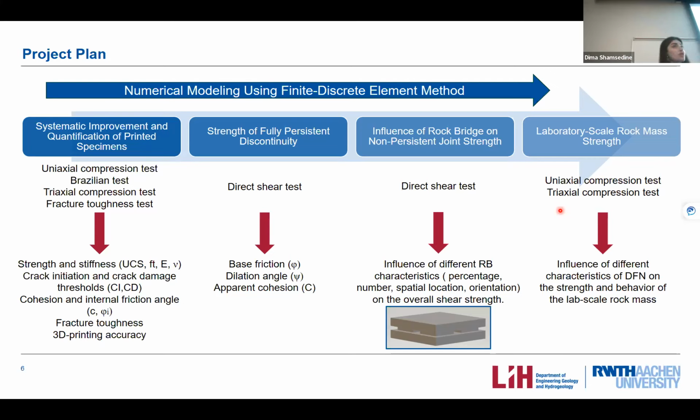Imagine this box is being sheared horizontally. The rock bridges are the intact material connecting the upper shear box to the lower shear box. As the rock bridge percentage increases, the shear strength of the rock block increases. So we can say that the joint strength increases with the increase of rock bridges.